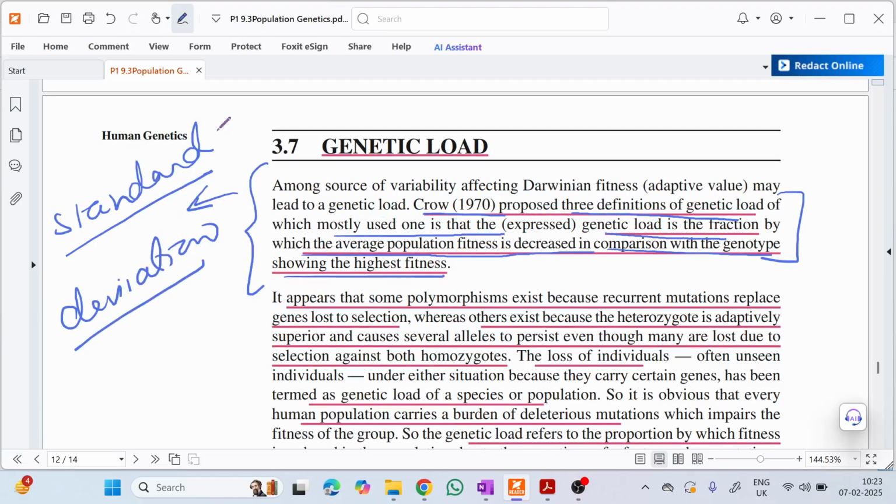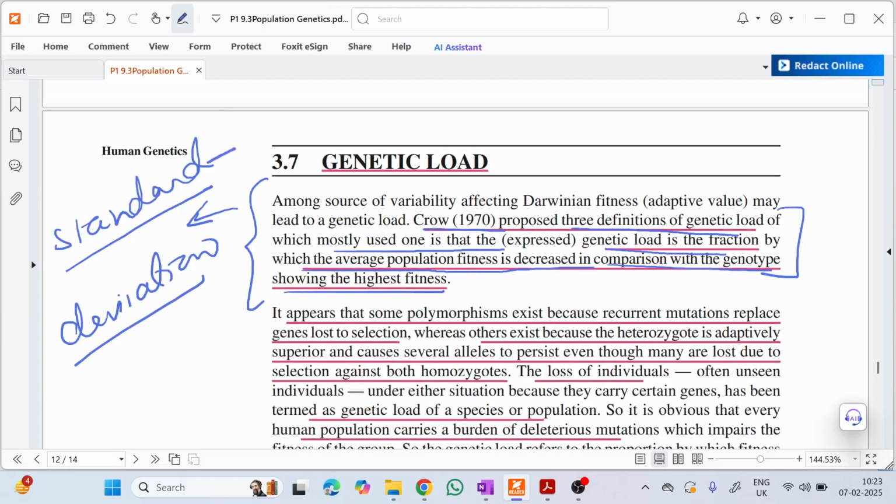So let's say there is a gene X which is the standard one. Standard here means it has a greater extent of survivability, or it has higher fitness.